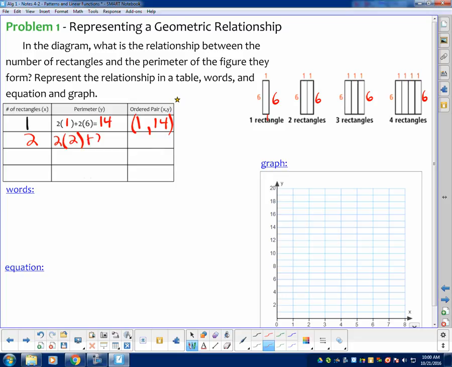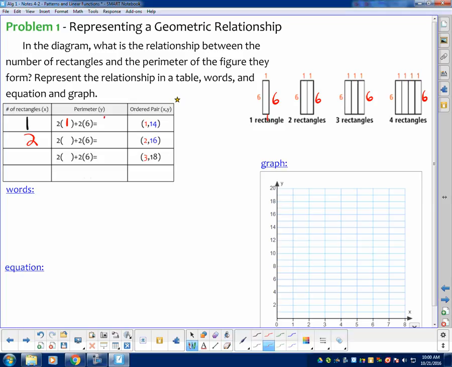What doesn't change is the lengths. So I have 4 plus 12 is 16. Oh, shoot, my new ordered pair is not 1 comma 16, but 2 comma 16.